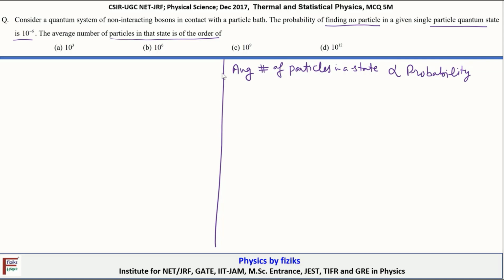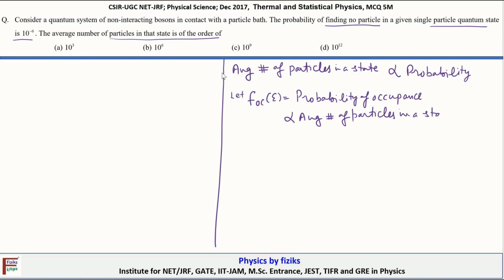Okay, so here we will assume, let f OC be the probability of occupancy, which is proportional to the average number of particles in a state.